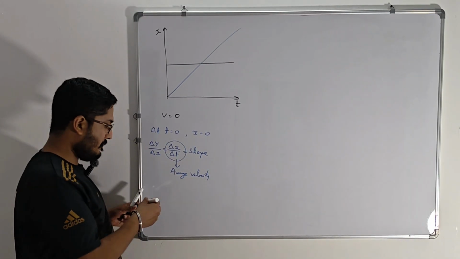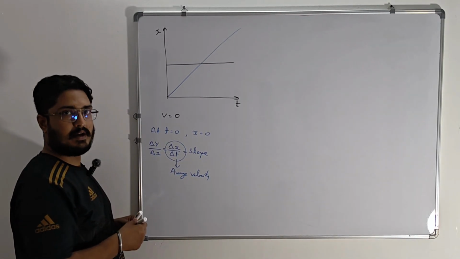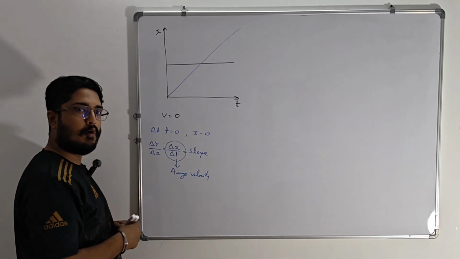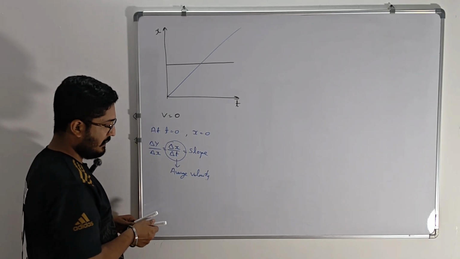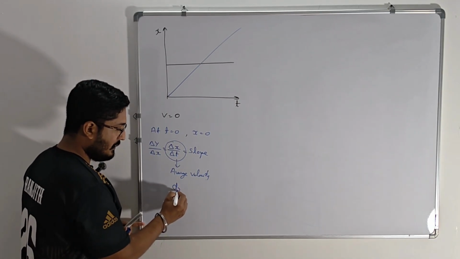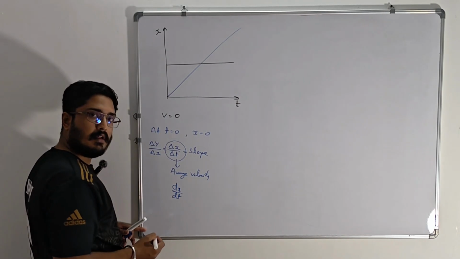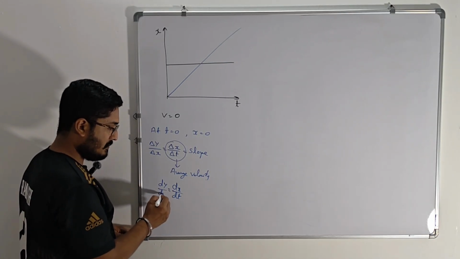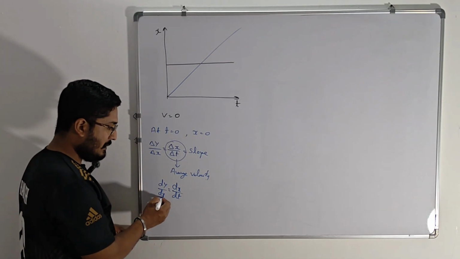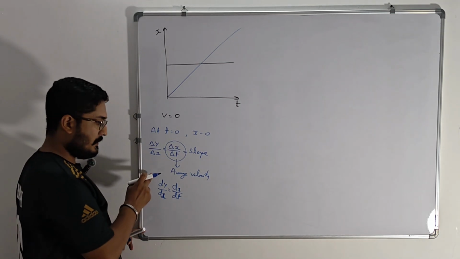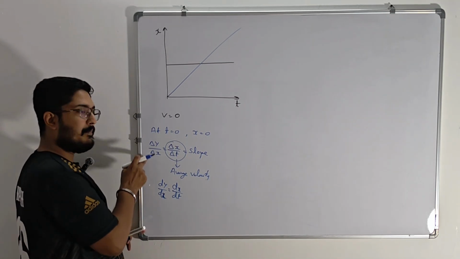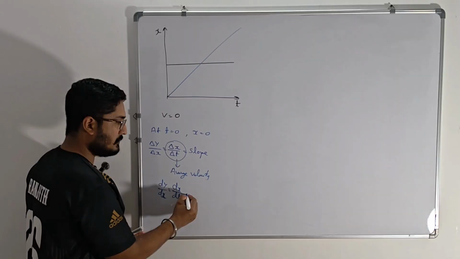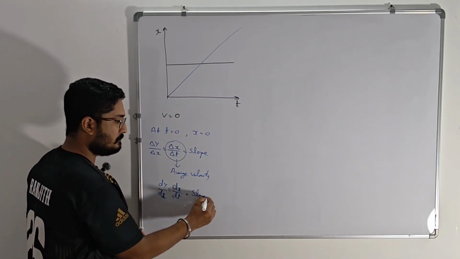Now what if I don't calculate delta x by delta t? What if I go by the concept of dx by dt? Then that also is similar to dy by dx. Those of you who have studied basic maths understand that dy by dx is the same as delta y by delta x; that is also representing the slope.